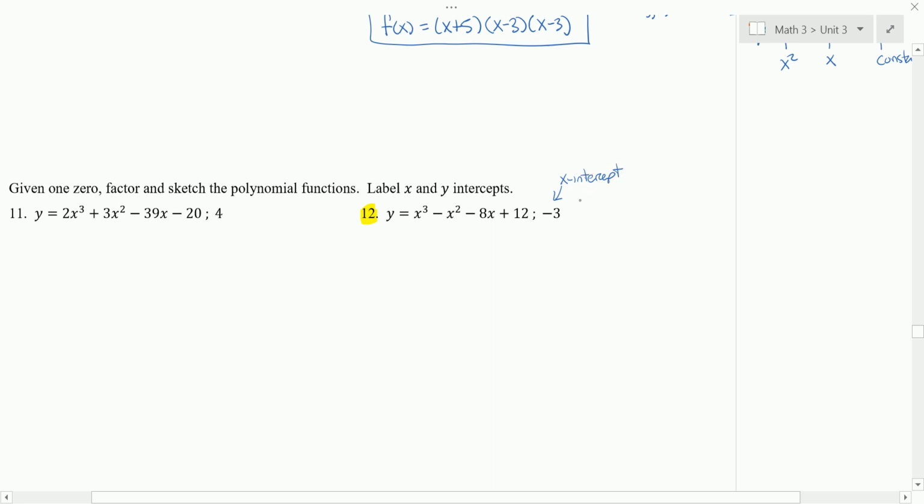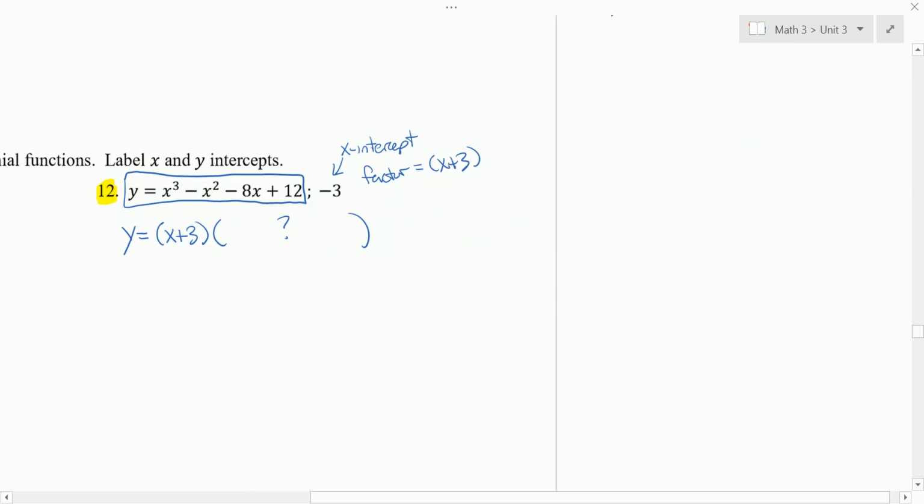And it gives us the factor equal to x plus 3. So we know y is equal to x cubed minus x squared minus 8x plus 12. And so we also know that x plus 3 is a factor times something else, and we need to find that something else.